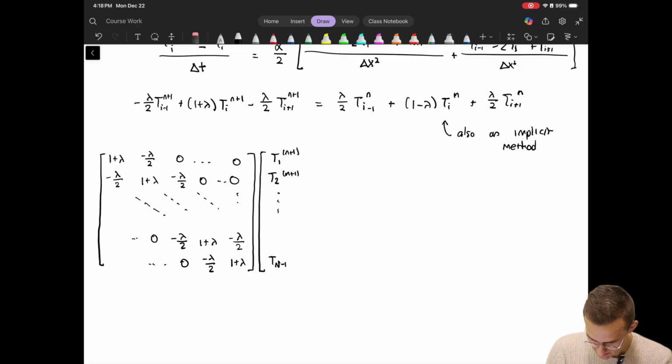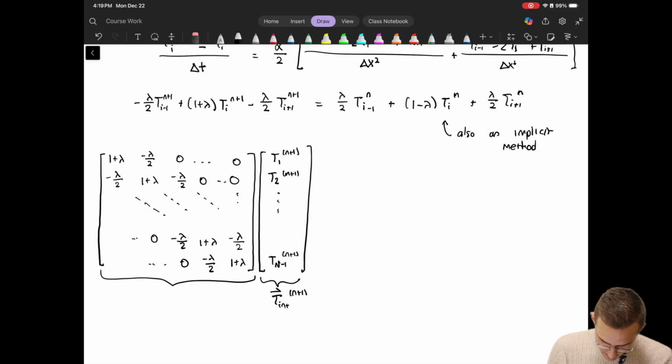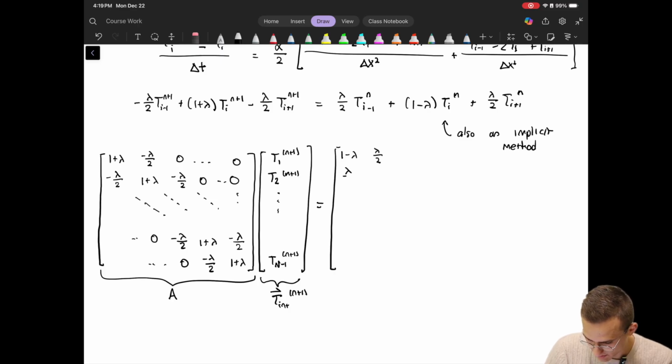We'll call that T internal at time step n plus 1, in vector notation, and we'll call this matrix just A. That is going to be equal to the same type of system on the right hand side, but on the diagonal we have 1 minus lambda, and off the diagonal we have positive lambda over 2.